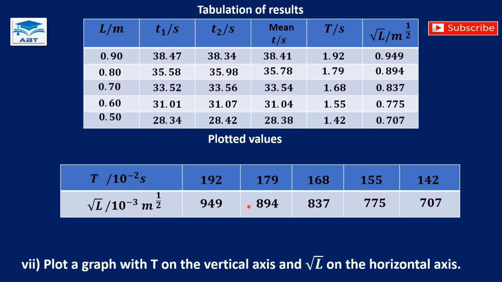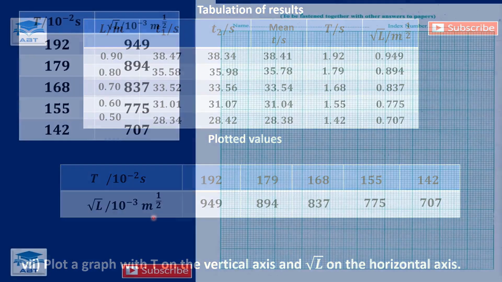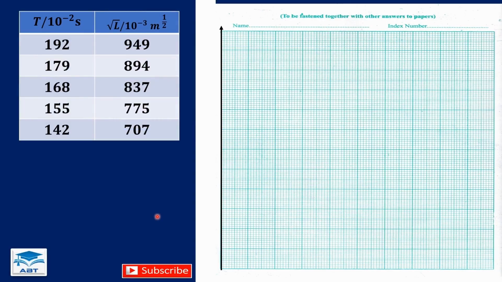So we are going to plot these values on the graph. So we draw the vertical and horizontal axis. And we are plotting T on the vertical axis. So we have T slash 10 exponent negative 2, and the unit is seconds, meaning we have converted the period to standard form by shifting the decimal point twice to the right for the values to look like whole numbers.